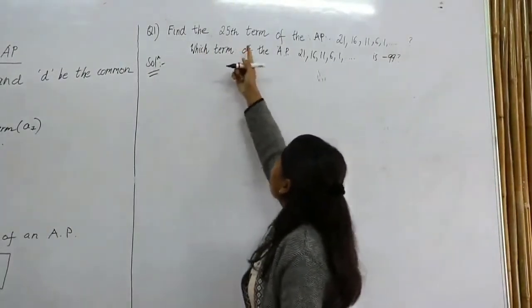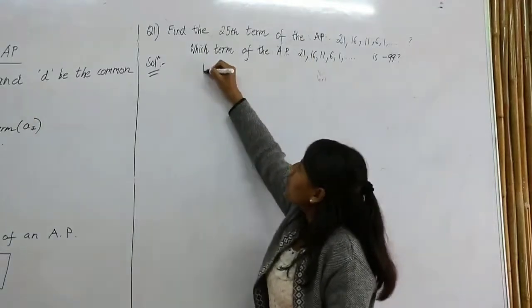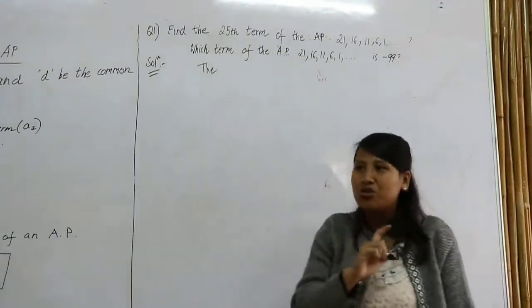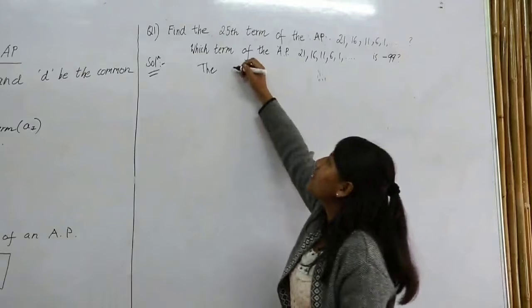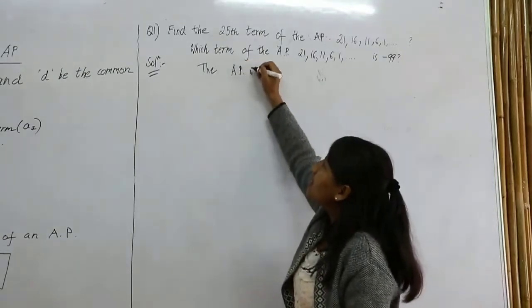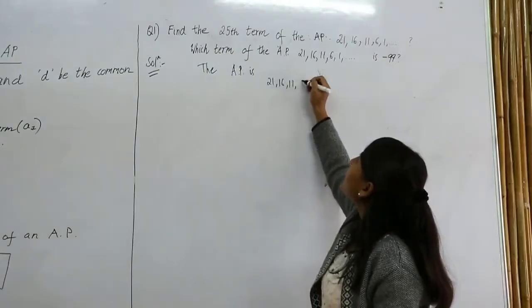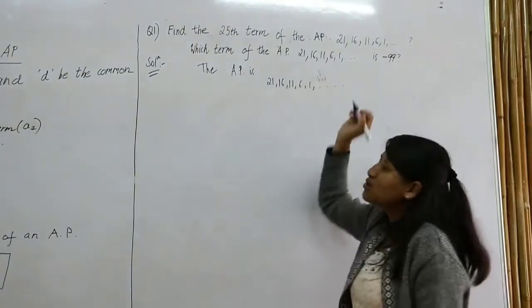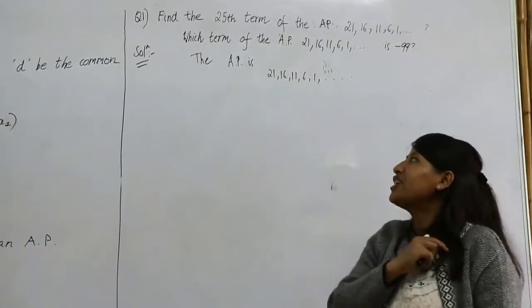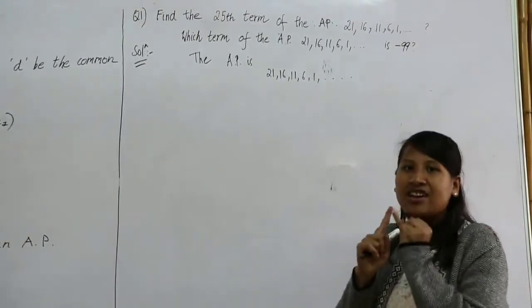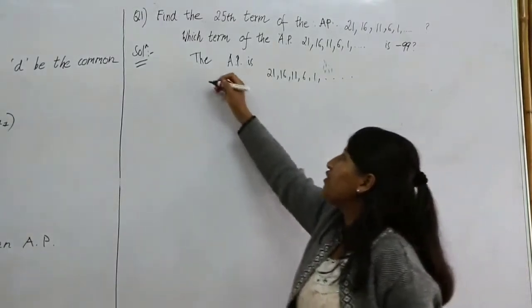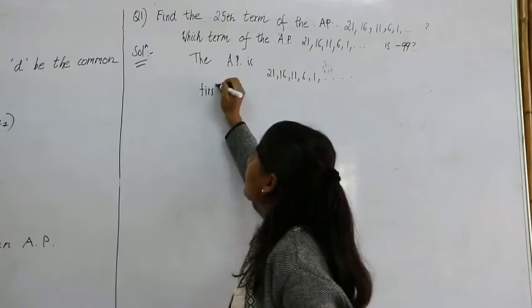So find the 25th term. Whenever they give you questions related to AP, first you have to write the AP itself. The AP is 21, 16, 11, 6, 1, and so on. Next, always write the first term and common difference.